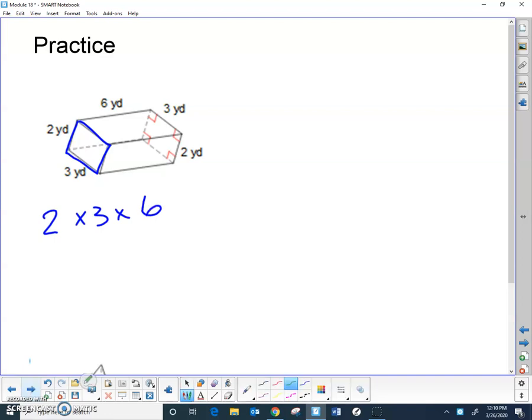If we called this one our base, we would have 6 times 2, and 3 would be our height. Likewise with the top or the bottom, we would have 3 times 6, and 2 is our height. So property of multiplication, it doesn't matter which order we multiply in, we are going to get the same answer. In this case, we have 36 yards cubed.